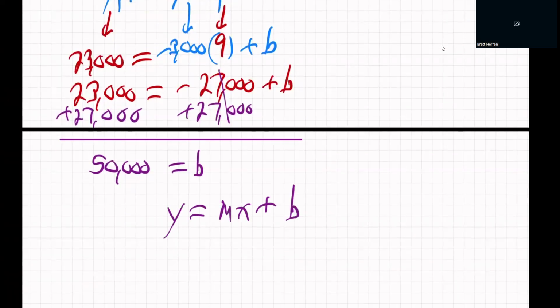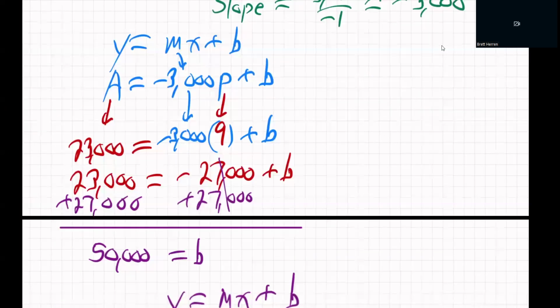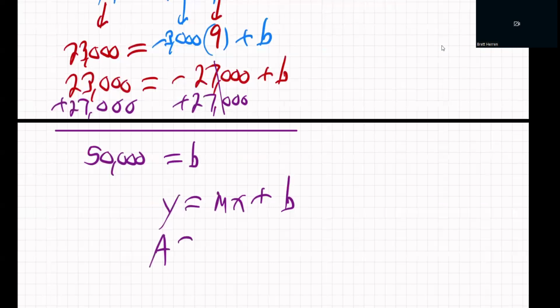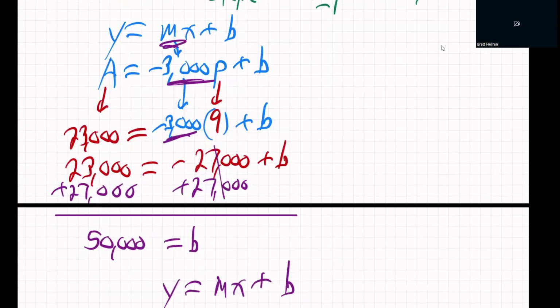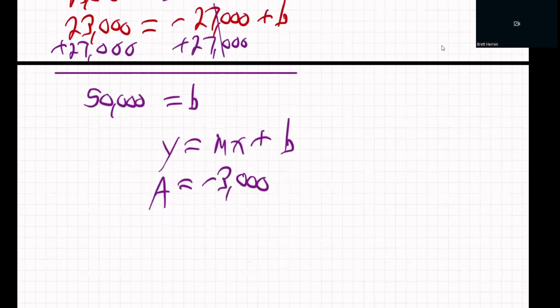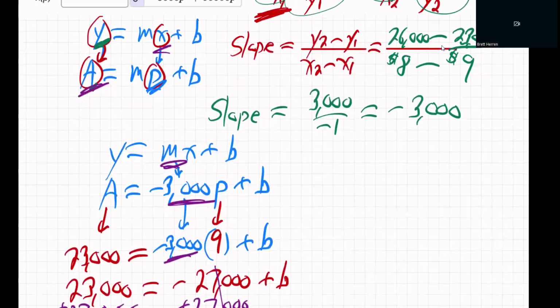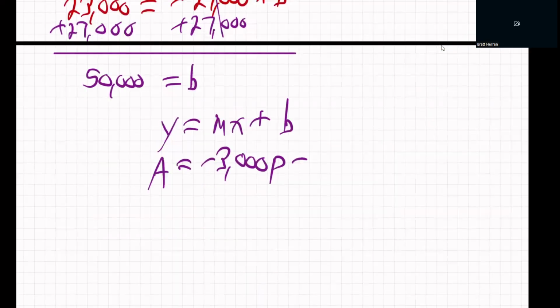Y equals mx plus b. But again, y is attendance, m is minus 3,000, x is price, plus b, which is 50,000.